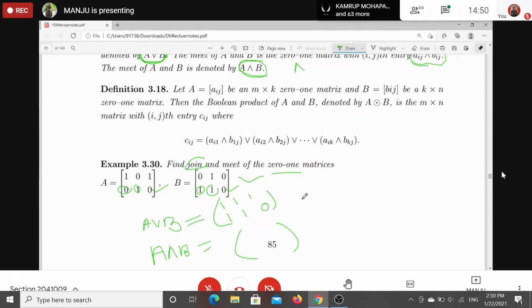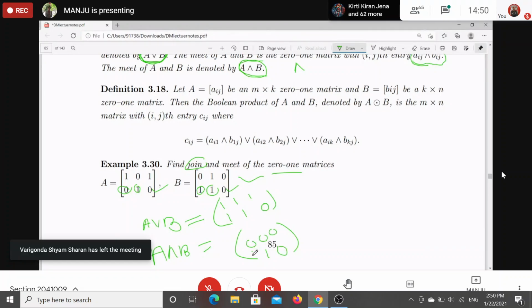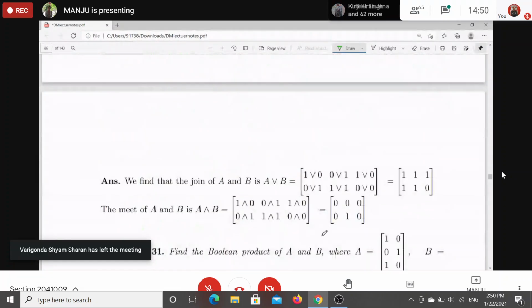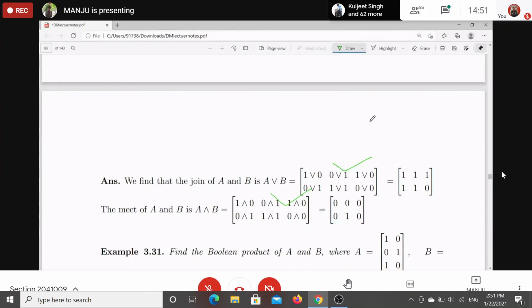Clear? And for conjunction, where you have both 1, you will have 1, otherwise 0. That is a more explicit way you can write this. Clear?